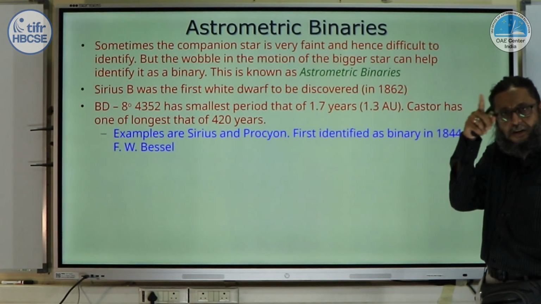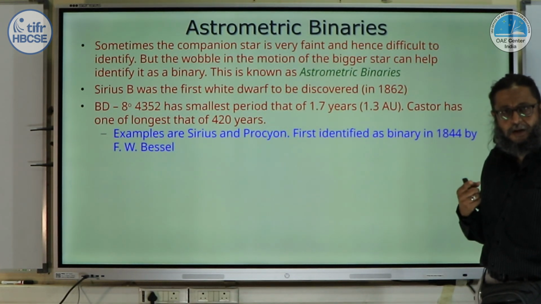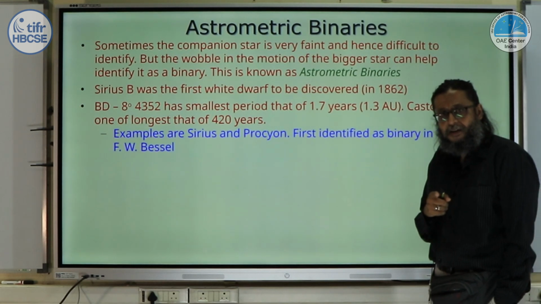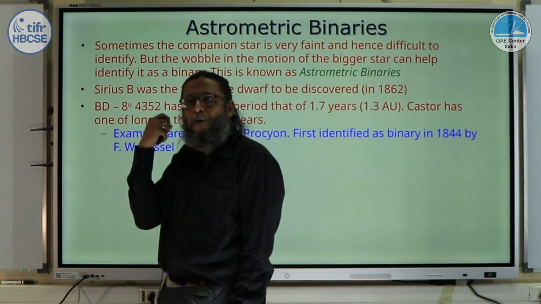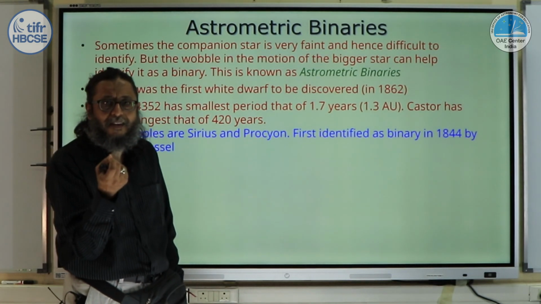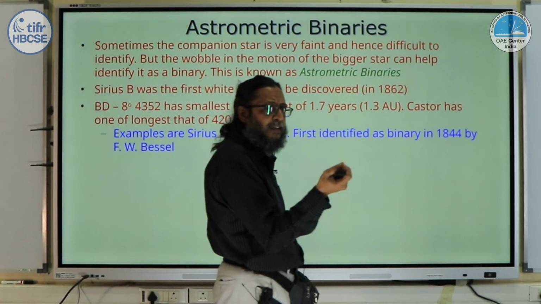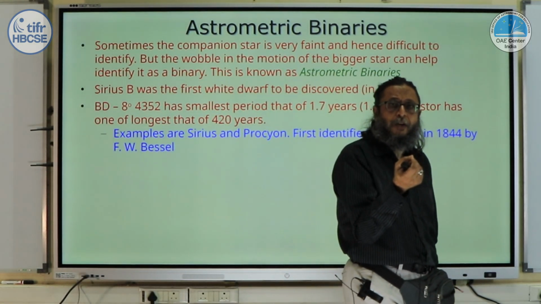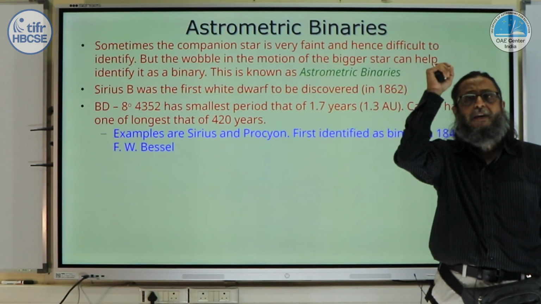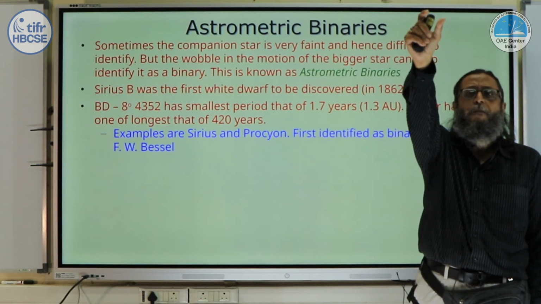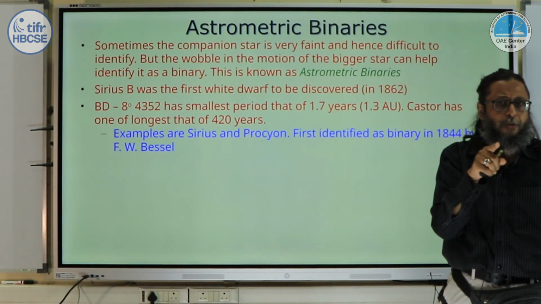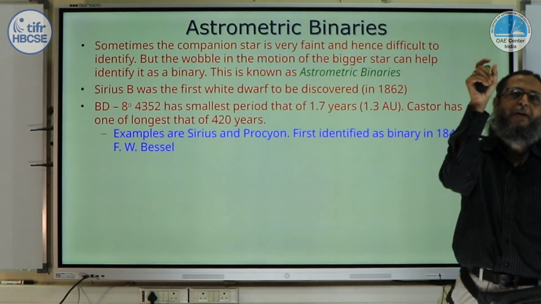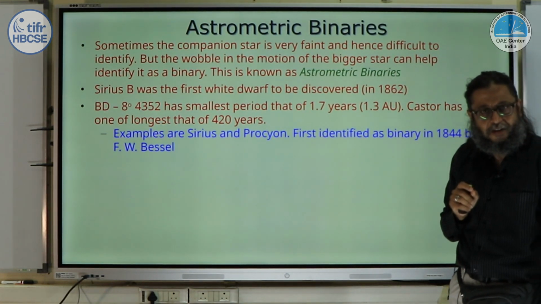of the big star around the center of mass, and I am saying big star because we saw in the mass luminosity relation that a more massive star is bigger in size and has greater luminosity. So, if you are unable to resolve two sources, then the one source that appears to you is the bigger star, the more massive star.